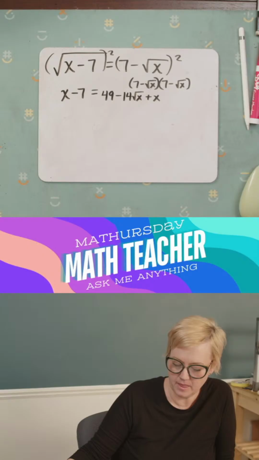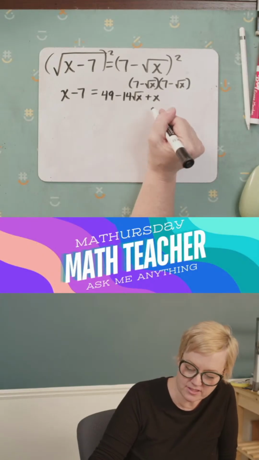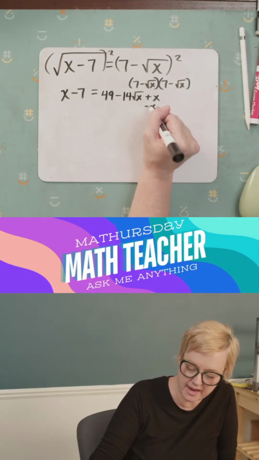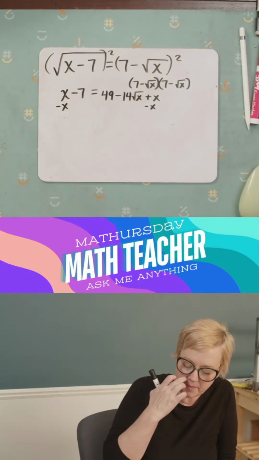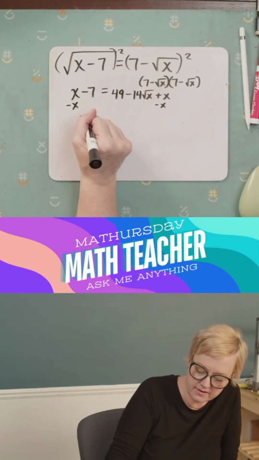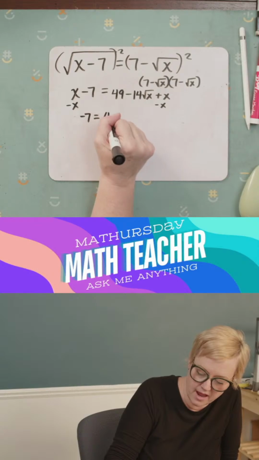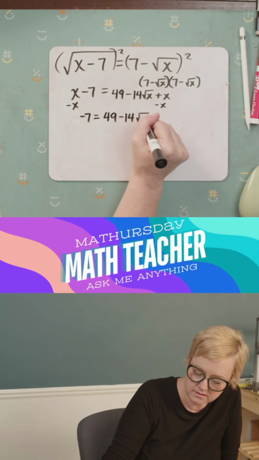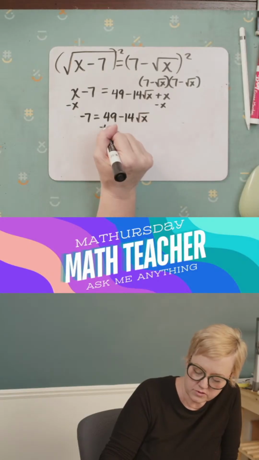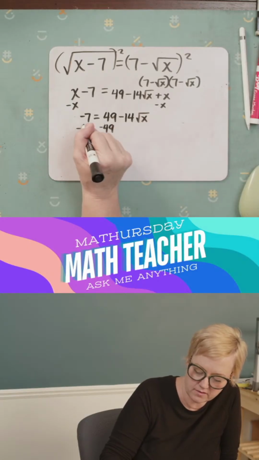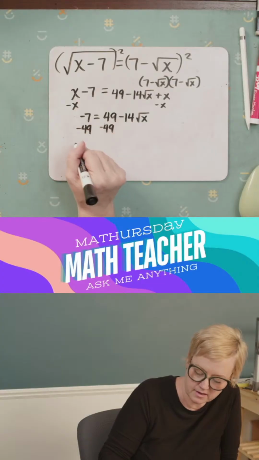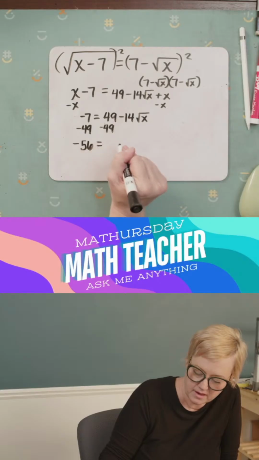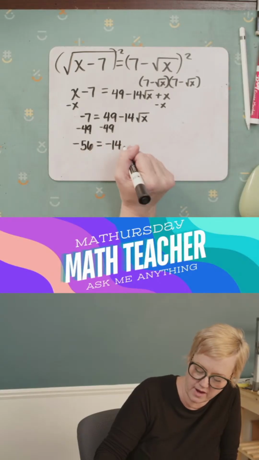Okay, so now I've got that. I'm going to subtract x, those go away. So now I've got negative 7 equals 49 minus 14 root x. Subtract 49 from both sides. So it's going to be negative 56 equals negative 14 root x.